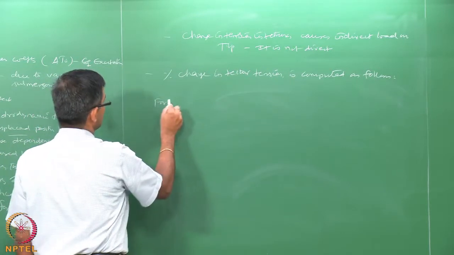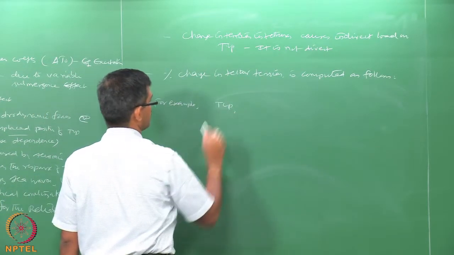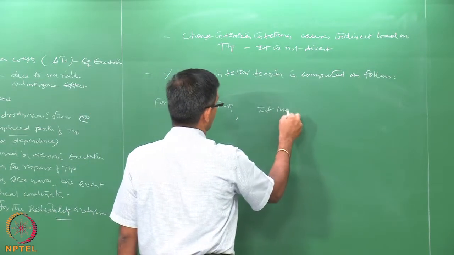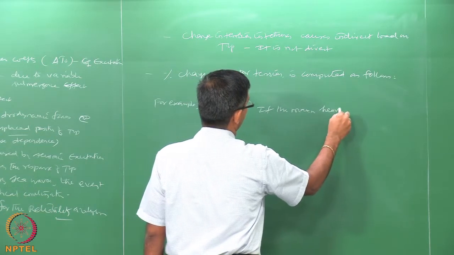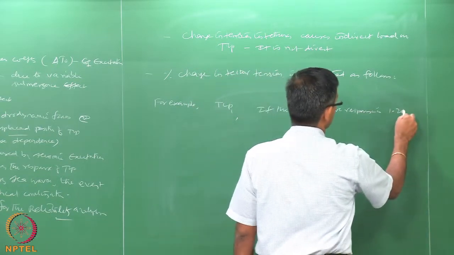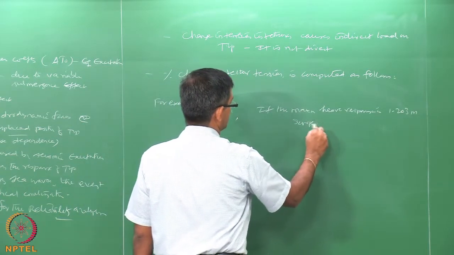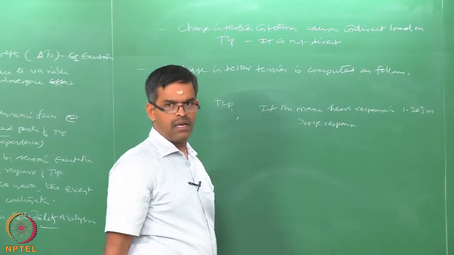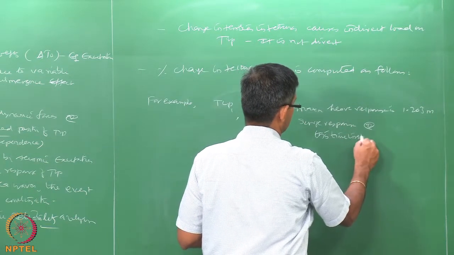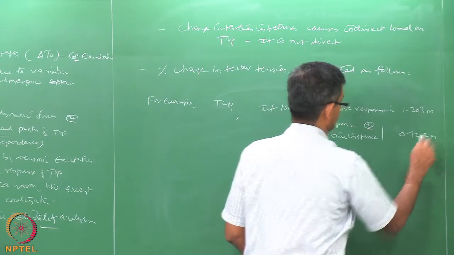For example, let us say in case of TLP 1, the maximum heave response is 1.203 meters and the surge response at this time instance is 0.7212 meters.